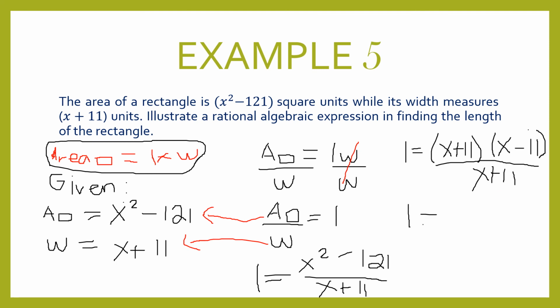L is equal to x minus 11 over, ano natira na lang, since 1 yan, over 1. So, ito na ngayon ang ating rational algebraic expression in finding the length of the given rectangle. So, ito yung expression natin. X minus 11 over 1.